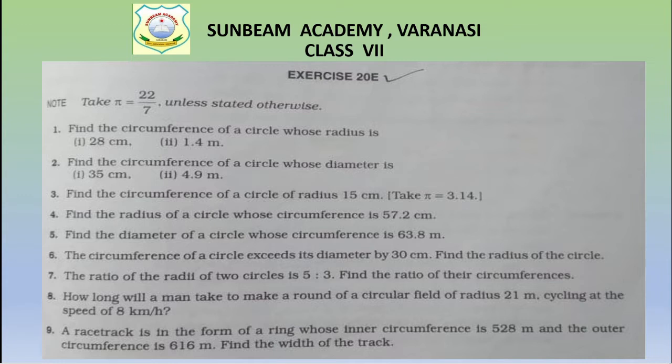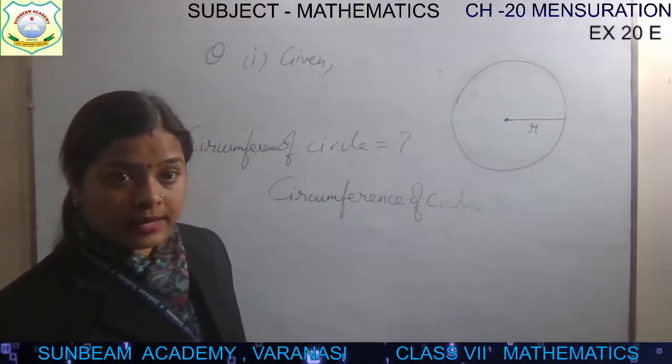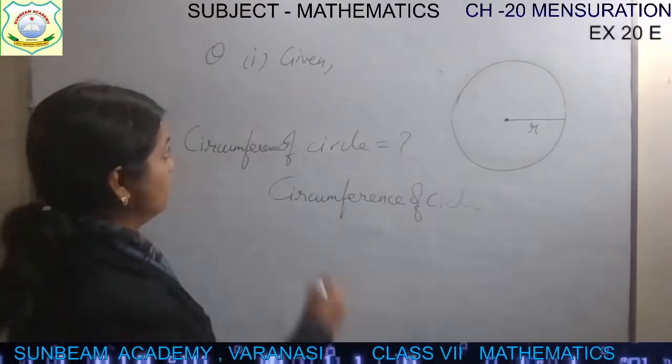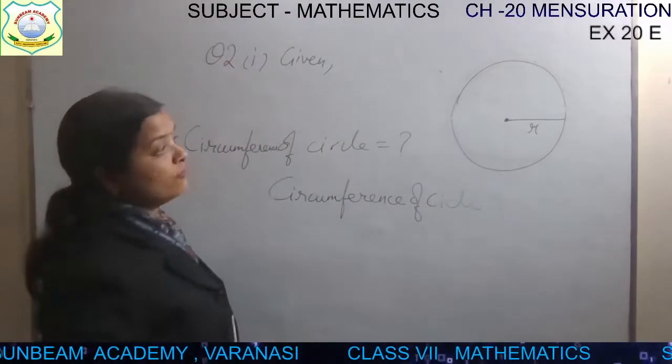It is: find the circumference of a circle whose diameter is given to us. Children, find the circumference of a circle whose diameter is given. So I am just erasing my board wherever it is required because it will kill my time to write it. Now let's see. We are having question number 2, and we are solving the first part.